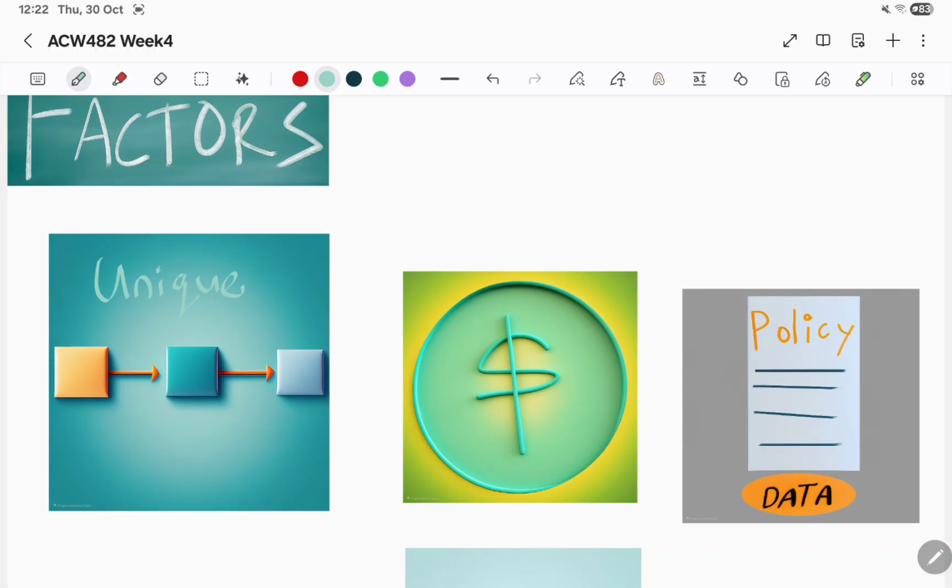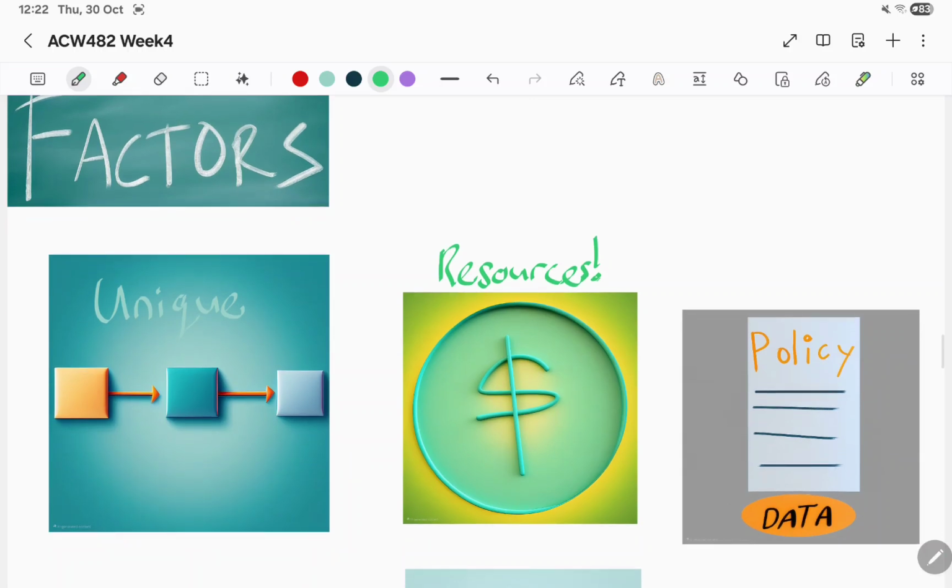Now the second factor is, of course, what we have over here: resources. The second factor you should consider when you want to buy or build is, do you have the resources or not?